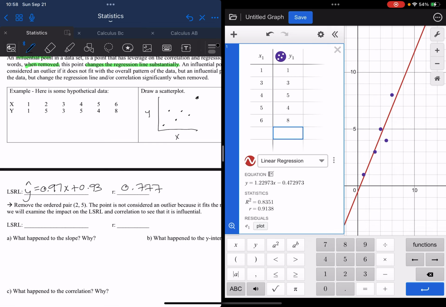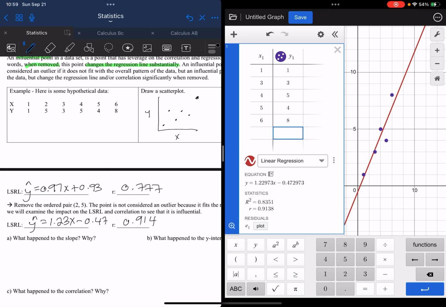Okay. So now when I remove the 2, 5, now I have y hat is equal to 1.23x minus 0.47, and then my r value is 0.914. And it says what happened to the slope, and why. So in my original one, my slope was 0.97.